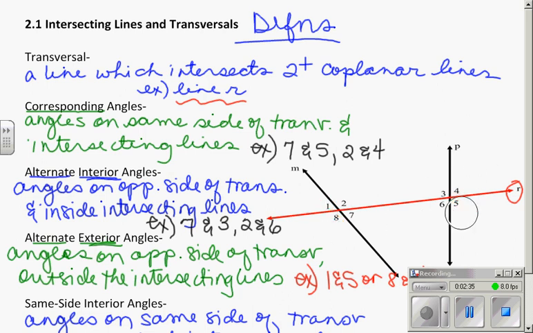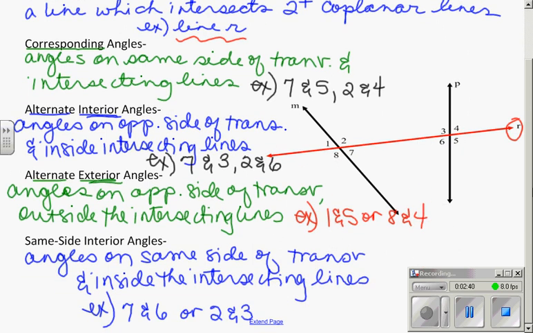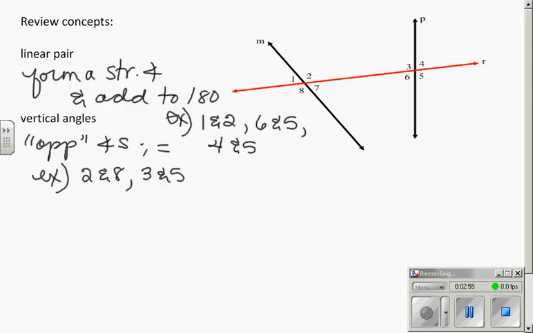And lastly, same side interior are going to be on the same side of the transversal and inside the intersecting lines. So 7 and 6 and 2 and 3. Those are very important definitions and terms we're going to use a lot.